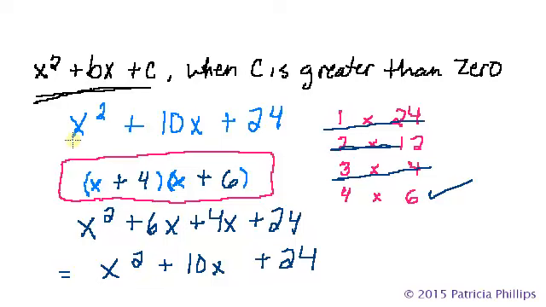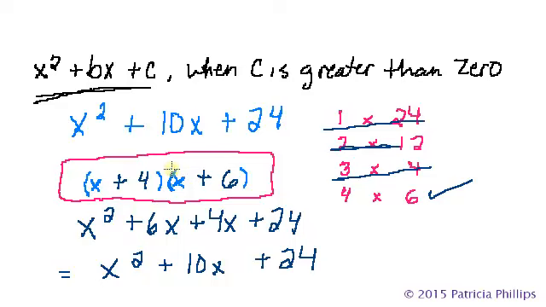We don't have a coefficient here because we're just learning. So you put 1x here to the left in the first one, and you put the other x here to the left on the second binomial, because when you FOIL those together, it will equal that x squared.